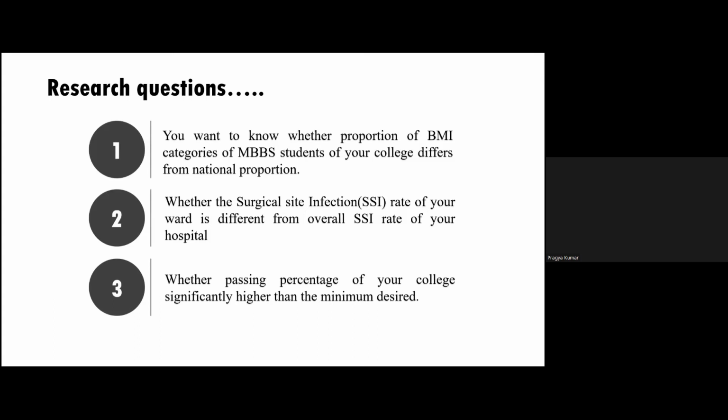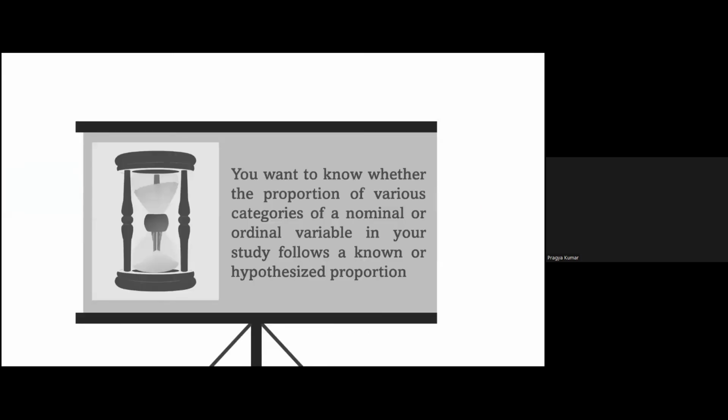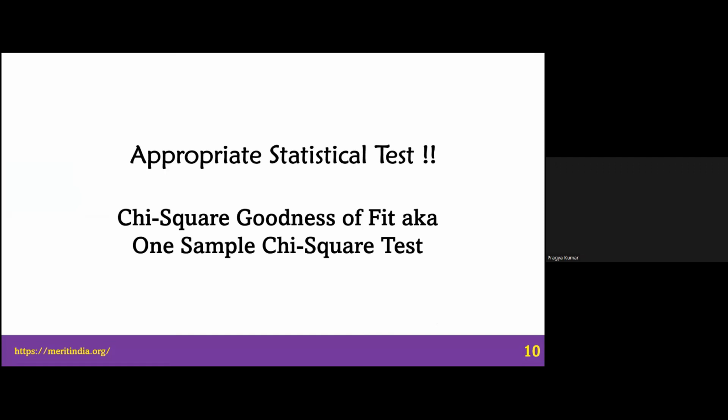In all these research questions, what have you observed? There is a single variable and we want to test the proportion of that categorical variable against a known proportion or against a hypothesized proportion. So the test of choice in such a case is the chi-square goodness of fit test.